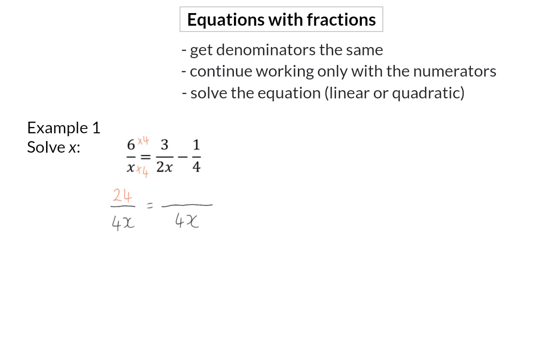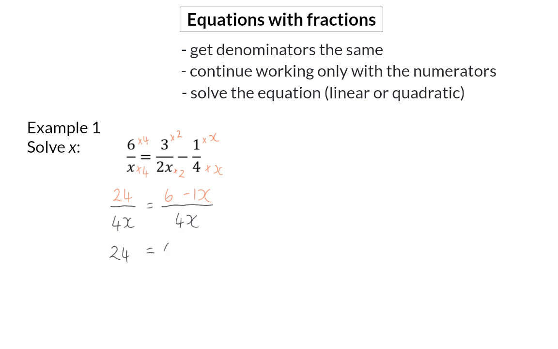On the right, the fraction still needs to be multiplied by 2, and that will give us 6 when repeated at the top. And the last fraction needs to be multiplied by x, and repeated at the top, we will get minus 1x.